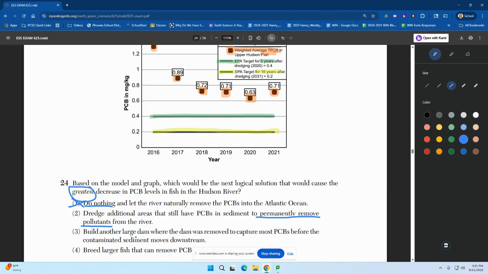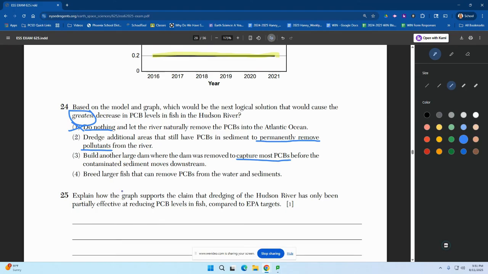Number 3 says build another large dam where the dam was removed to capture most PCBs before the contaminated sediment moves downstream. So you're going to capture the PCBs, so you're not really getting rid of them. Even though you are holding them back from where the fish are downstream, it's not really removing it from the water. So again, I don't think this is the best solution. Let's read number 4, breed larger fish that can remove PCBs from the water and sediments.